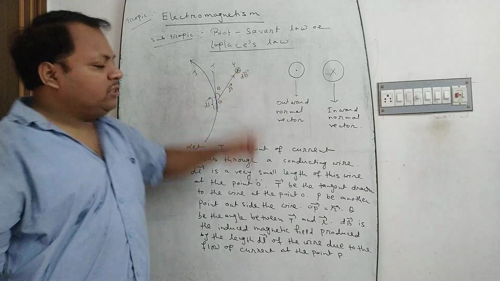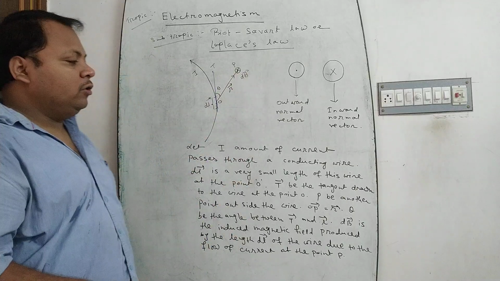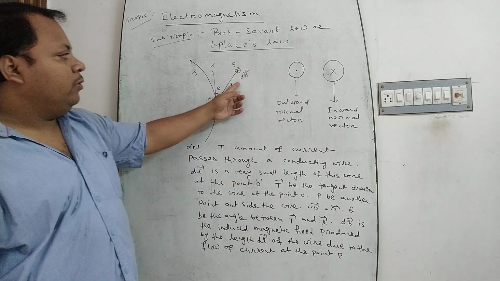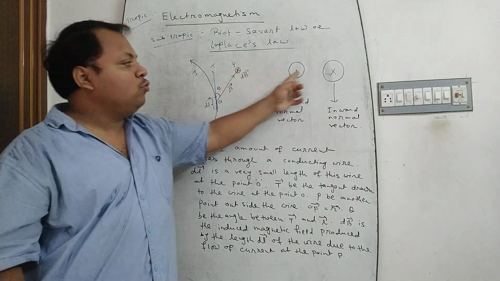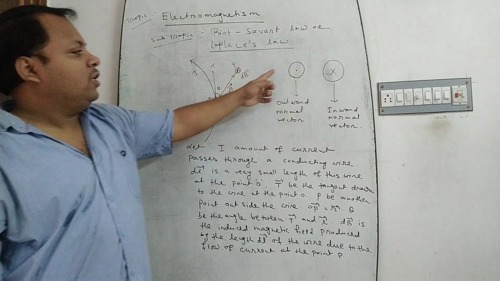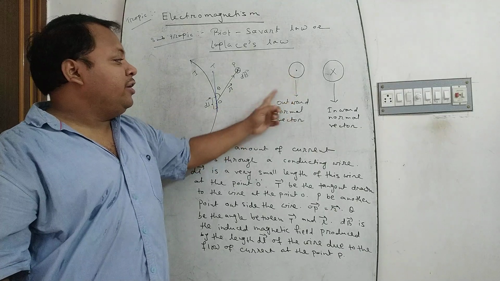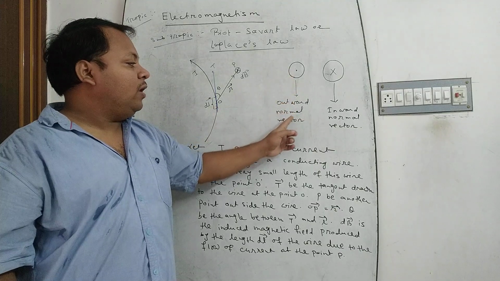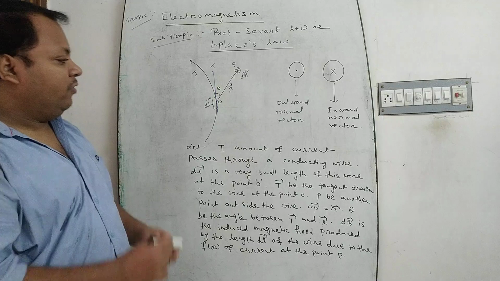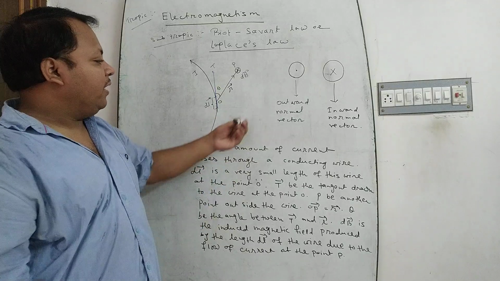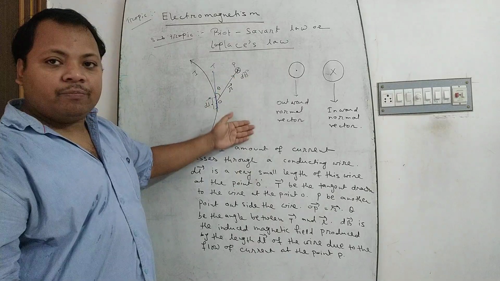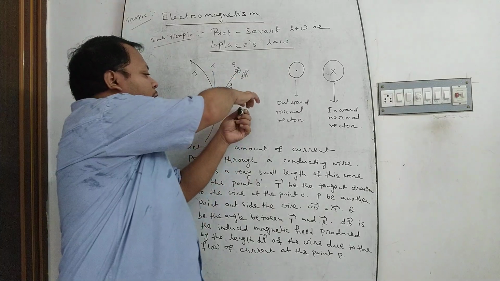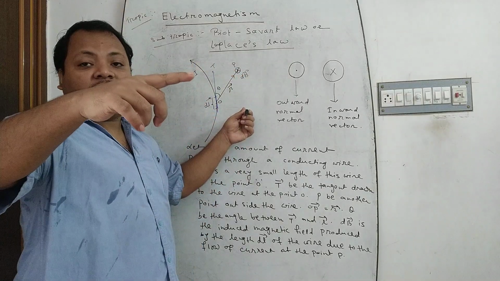In the electromagnetism chapter, we denote the direction of dB, or the induced magnetic field, by two notations. This notation indicates the outward normal vector, that is, the magnetic field is normal to the paper and in the outward direction.